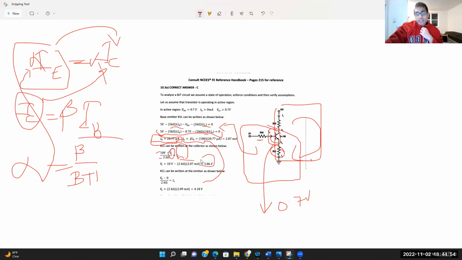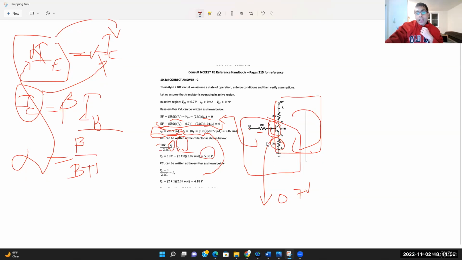And for E, you take the potential difference, VE minus ground, because it's connected to ground, divided by my 2K, so I can figure out my IE. Once I know my VC and my VE, I can subtract VE from VC to get my VCE.